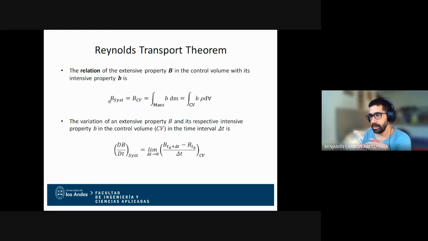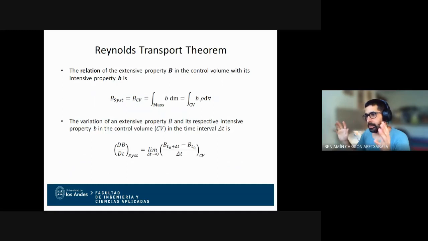So the total quantity of whatever property is in your control volume is an integral of the intensive property times rho over the full volume. So for instance, if we're talking about mass, then b is 1. So the total mass in a pool is going to be the integral of rho over the volume. And since rho is constant, it's just rho times the volume. That's the total mass of water in a pool, right?